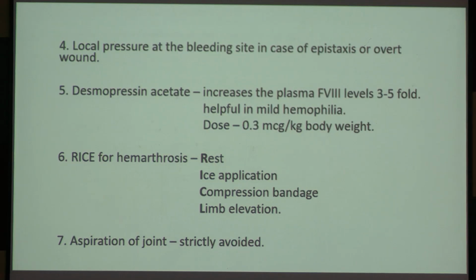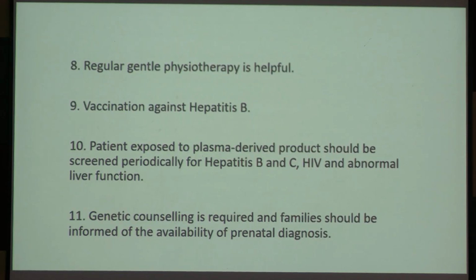And for hemarthrosis, RICE: rest, ice application, compression bandage and limb elevation. And aspiration of the joint is strictly avoided. These are all supportive management, like regular gentle physiotherapy, vaccination against hepatitis B, because there will be episodes of bleeding, and patients are exposed to plasma derived products, we have to screen those patients regularly for serology, hepatitis B, C, HIV and abnormal liver function.